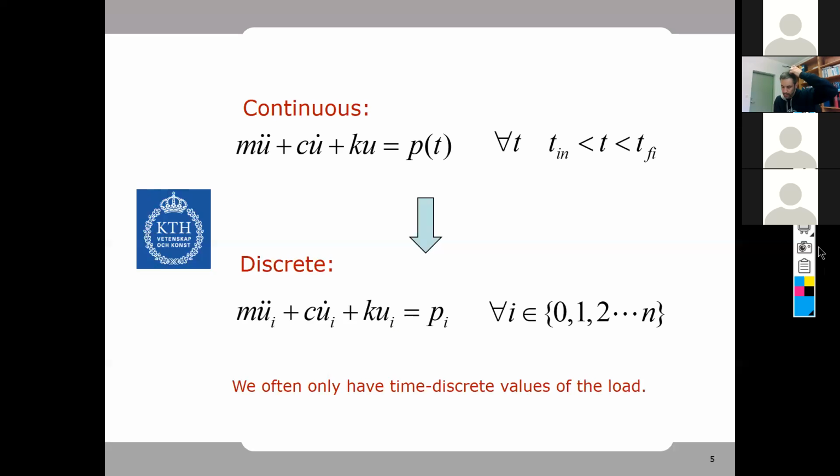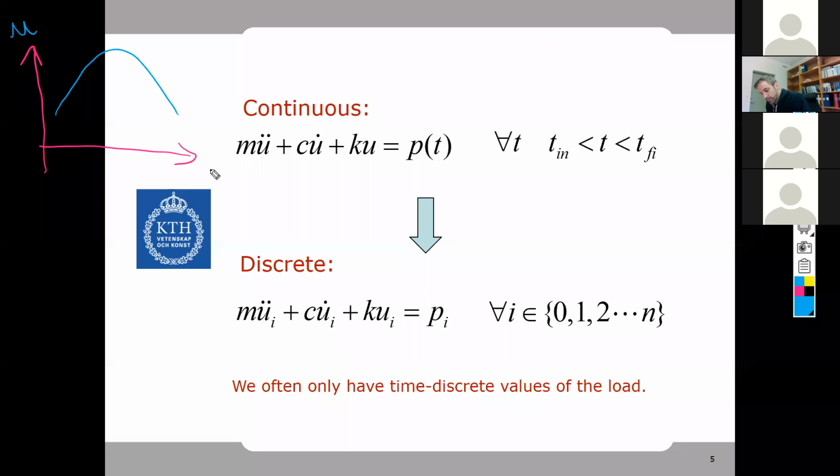Now, if I draw again, for example, the response u in time, and now we zoom in, right? So this is like a very zoomed in version of what we were drawing before.